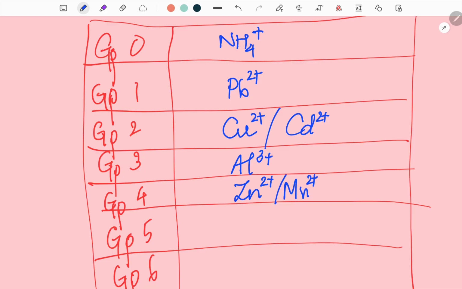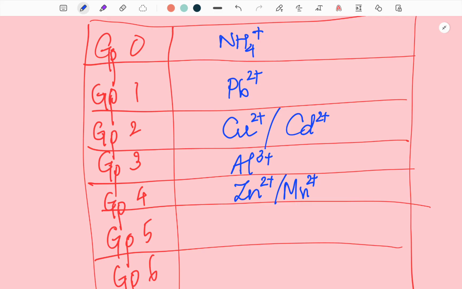But manganese I am not going to deal in detail because manganese salts are colored, even copper salts are colored. So copper and manganese, it is not very important, but for copper I will be telling you the confirmatory tests in the next part, because for the viva they can ask you the confirmatory test for copper ion, because it is a very important ion, and you need to know the tests.